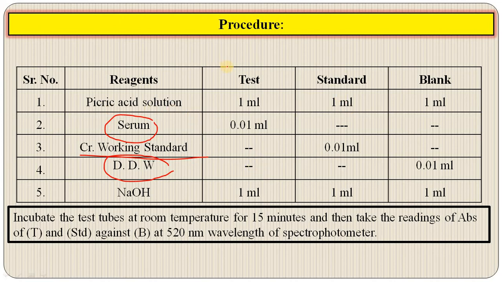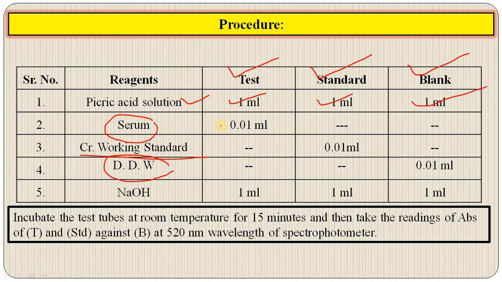First of all, take 3 clean dry sterilized test tubes. Label these test tubes as test, standard and blank with the help of marker. Add 1 ml of picric acid solution into all the test tubes.